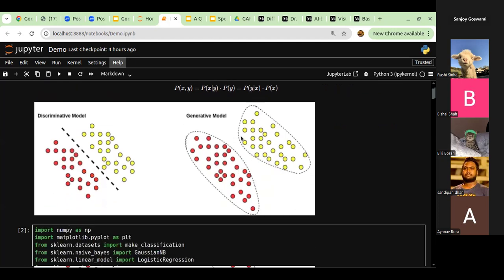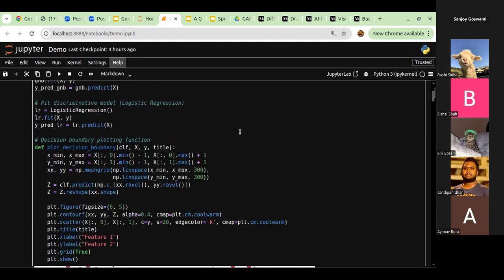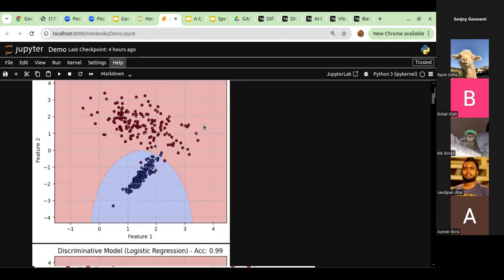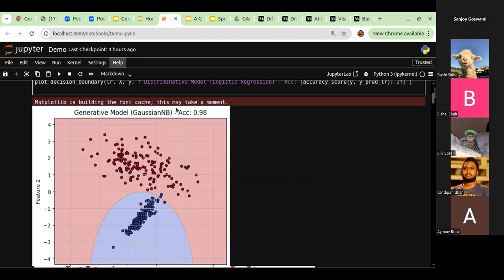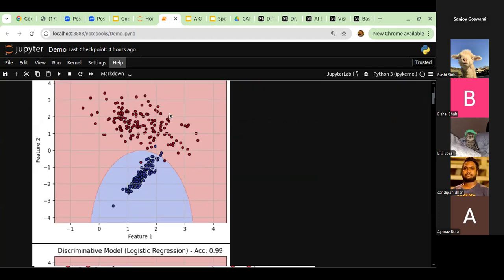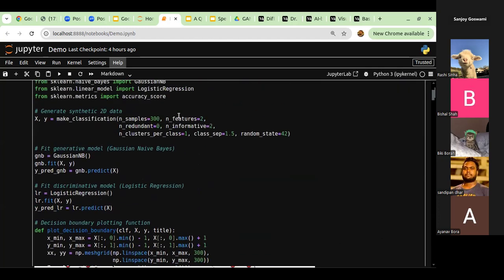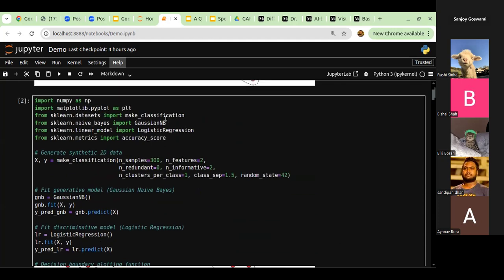Now, let me go to one example. This is a Gaussian naive Bayes algorithm. See how it is working. I'm using the sklearn libraries, so it will be easy for you.